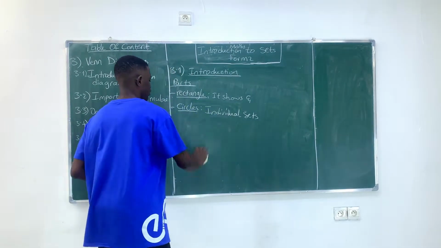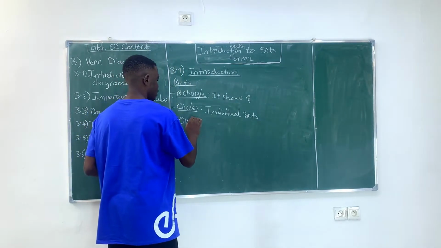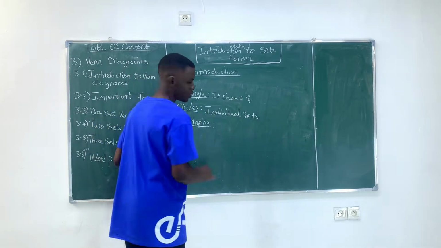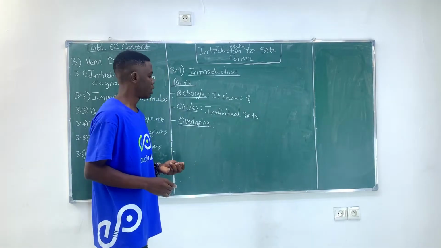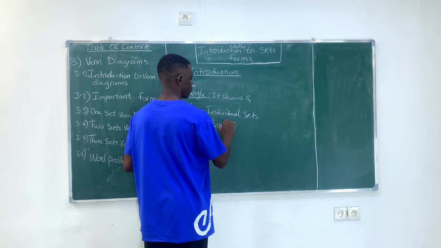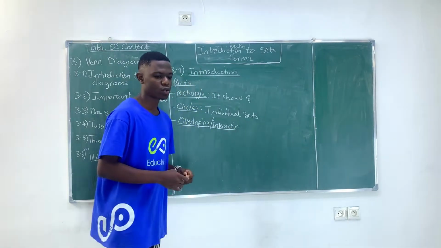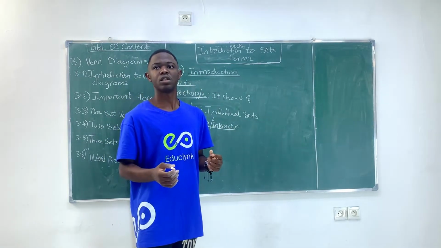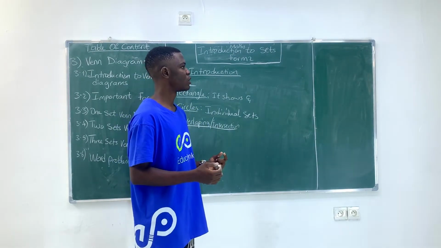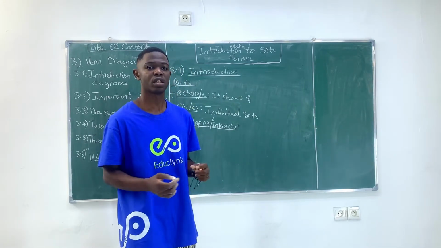On the third part of the Venn diagram, we have the overlapping. We call it overlapping or intersection. It shows the numbers which are common to both sets, or to any sets.